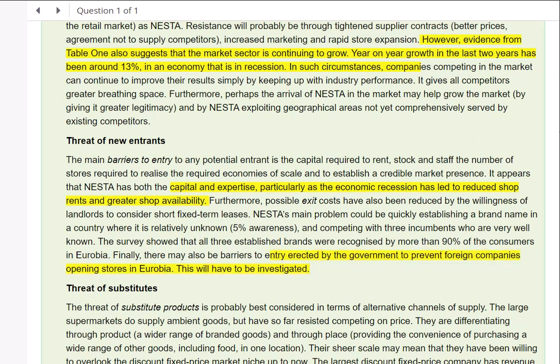So yes, you can also mention some other points which are not available in the case study and link it with the scenario, like if new foreign companies are trying to enter our country, maybe our government could make certain restrictions so that our local sellers can benefit more as compared to the foreign company sellers.